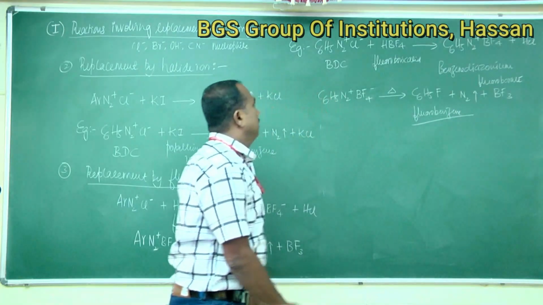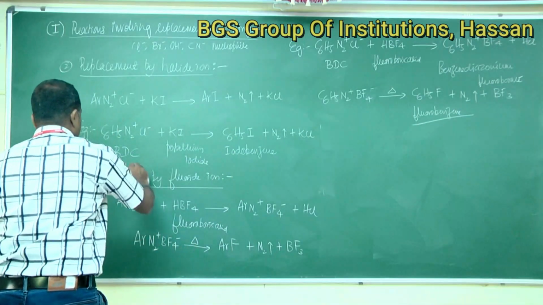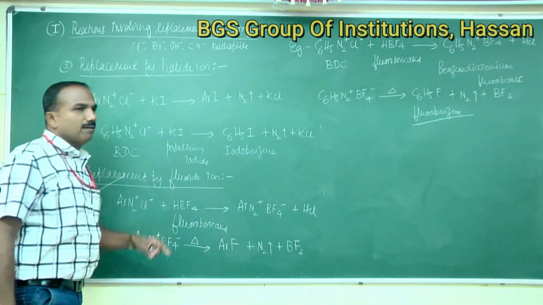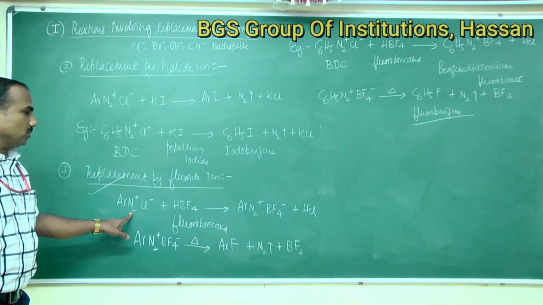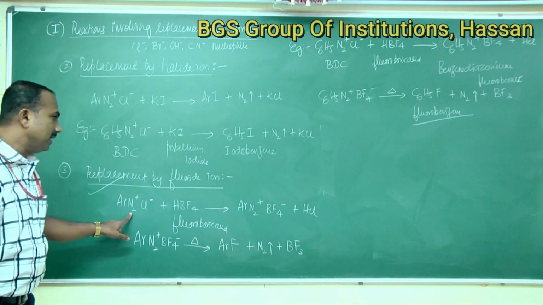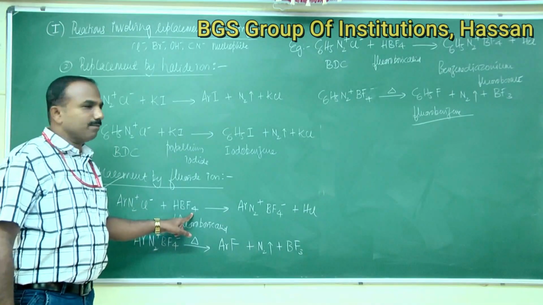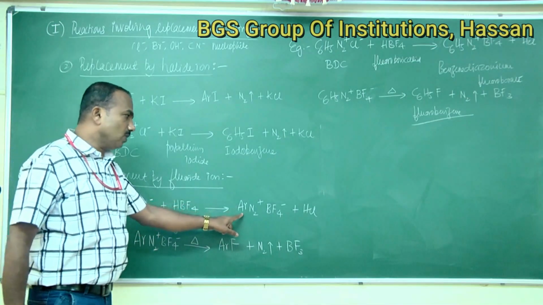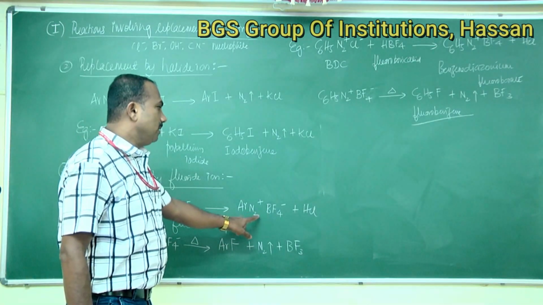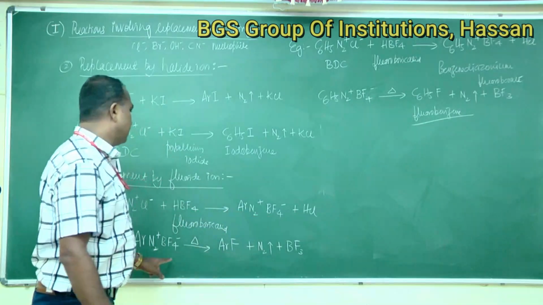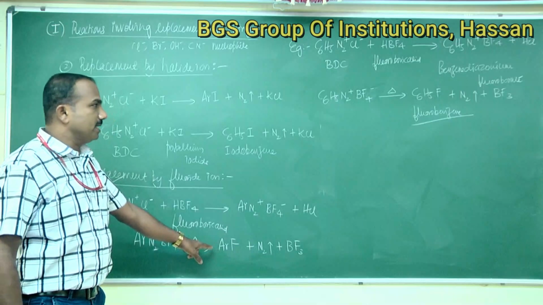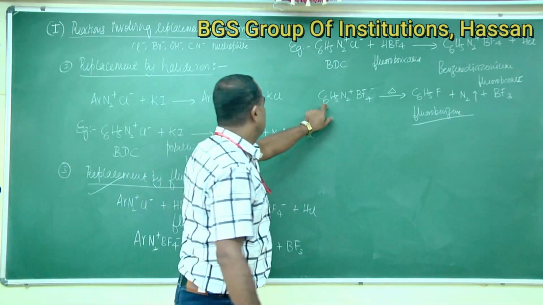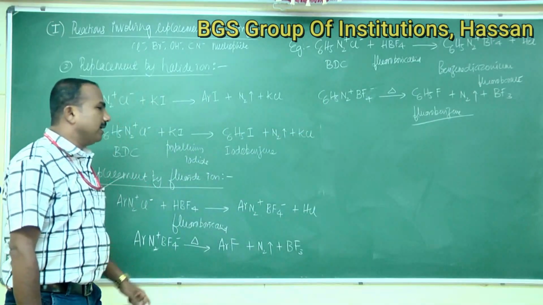This is so important. That is replacement by fluoride ion. Here the diazonium group reacts with fluoroboric acid to form aromatic diazonium fluoroborate, which on strong heating gives fluorobenzene. So this is about replacement by fluoride ion.